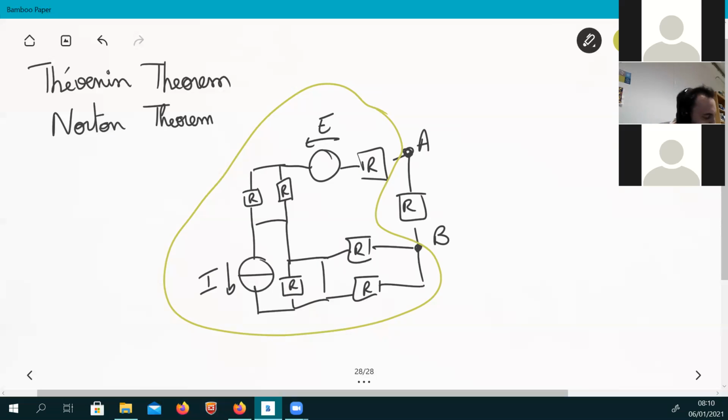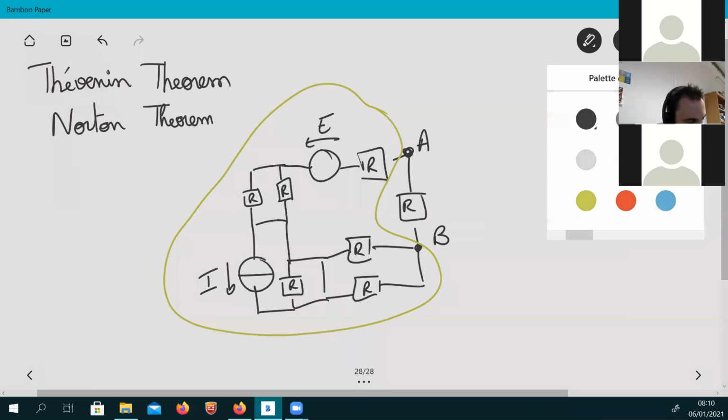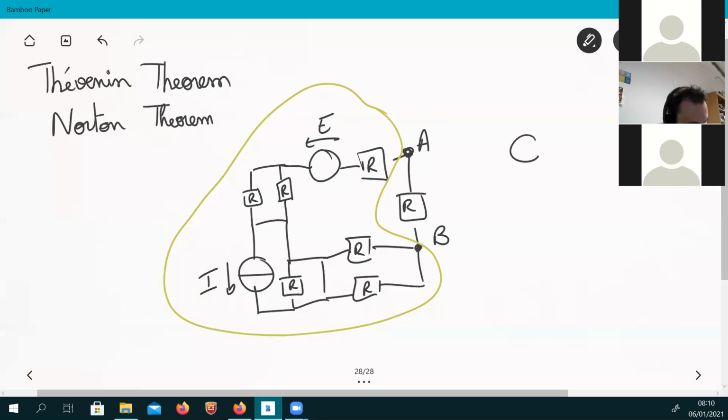If you apply Thevenin theorem, everything that you have in this green circle is going to be simplified by a Thevenin model, which is a voltage generator in series with a resistor. So at the very end, when you are done with the Thevenin theorem, you will get something like this.